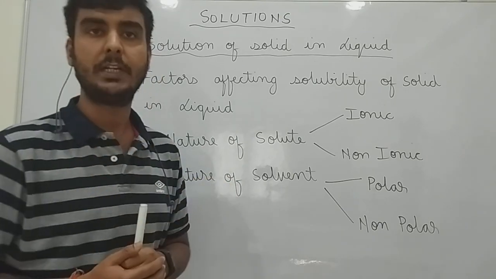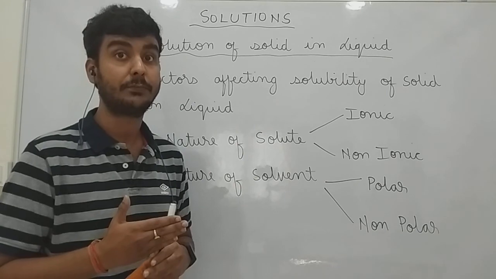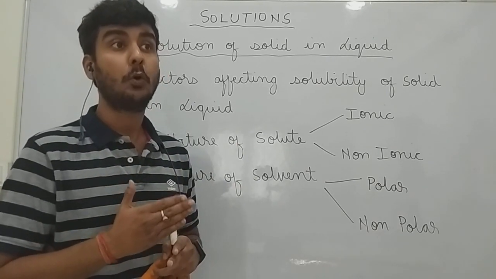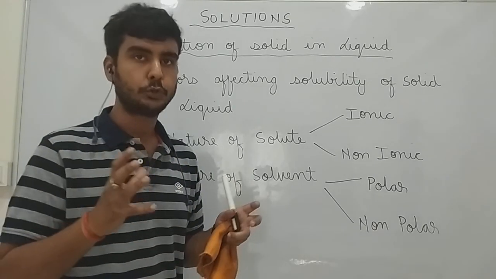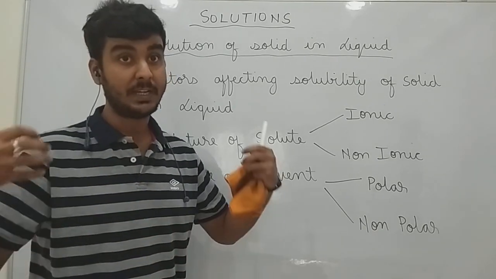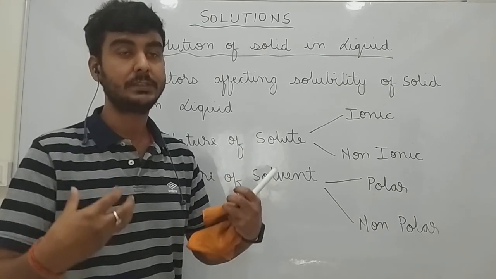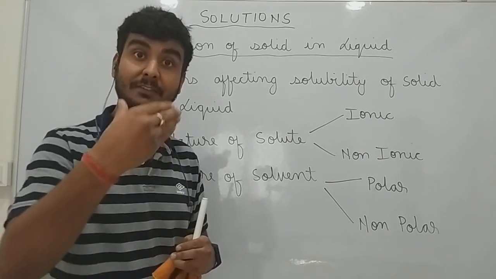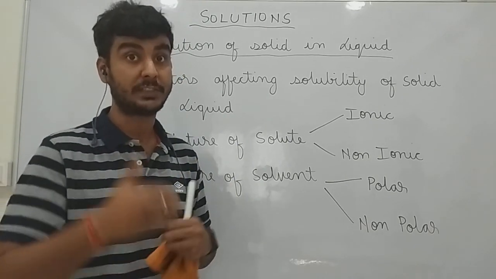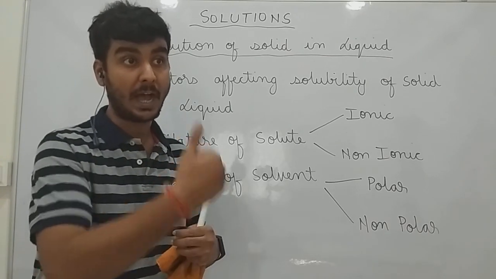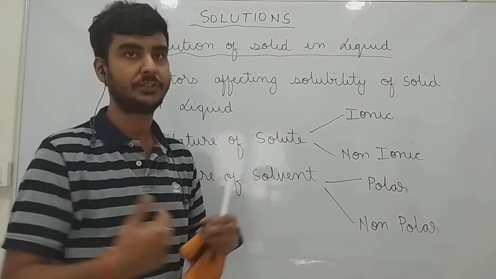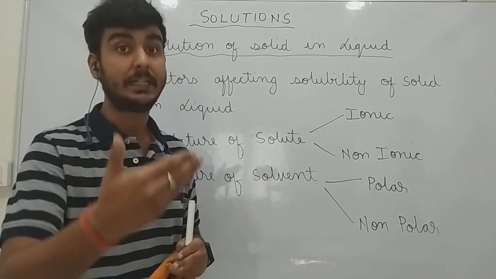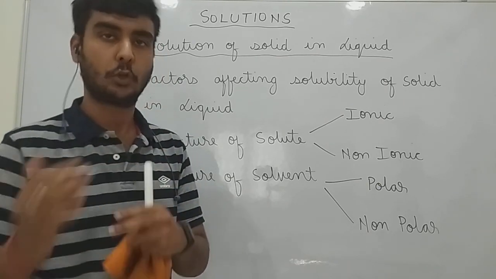And which type of solids generally have higher attractive force between the ions? They are ionic solids. As ionic solids are composed of ions, and ions have high attractive force between them, it is the polar solvents having higher value of dielectric constant which can reduce this higher force of attraction between the ions, and as a result they can easily dissolve those ionic solids.